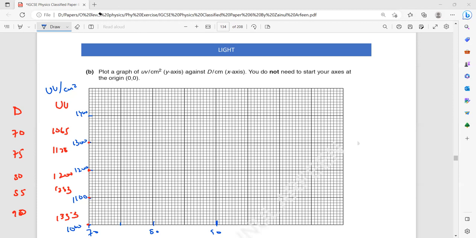That's why I reselected the axis, to explain what is a suitable axis when you mark. So this will be 75 and this will be 85.